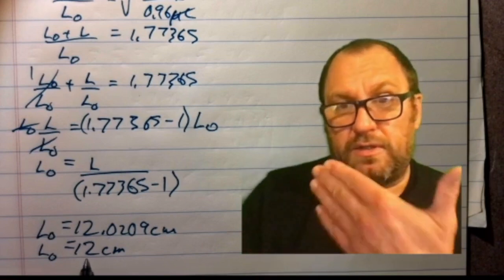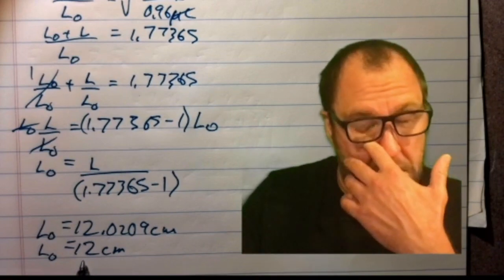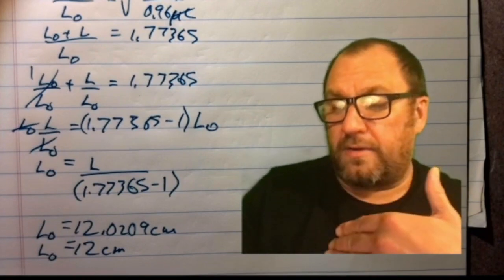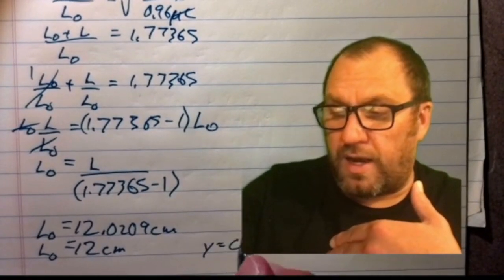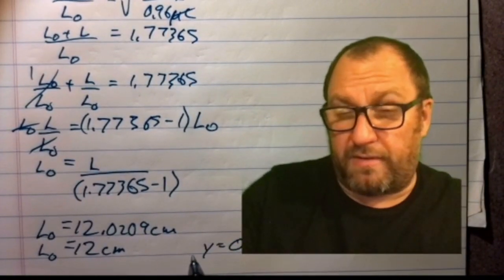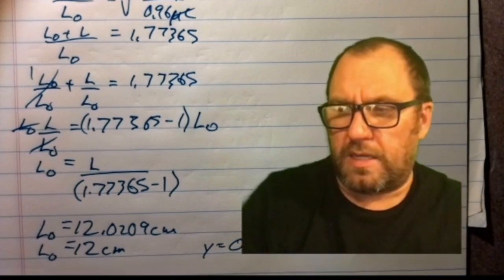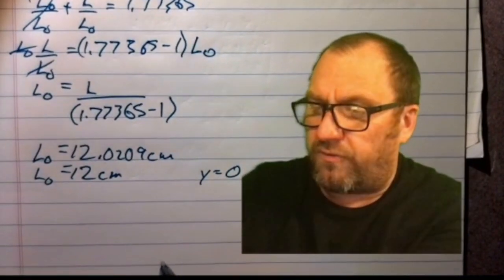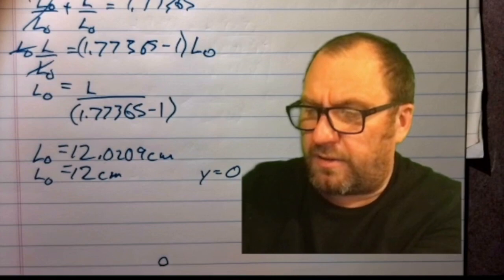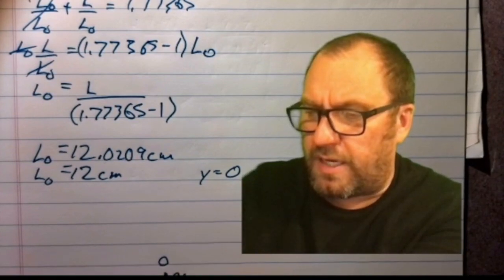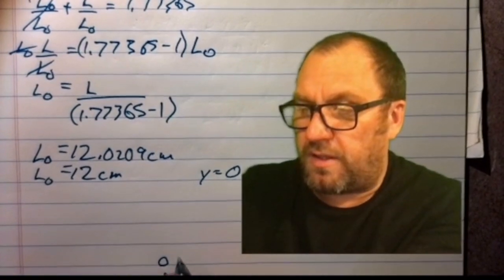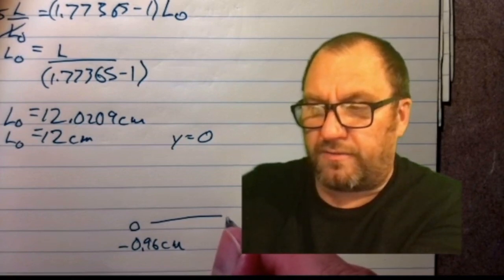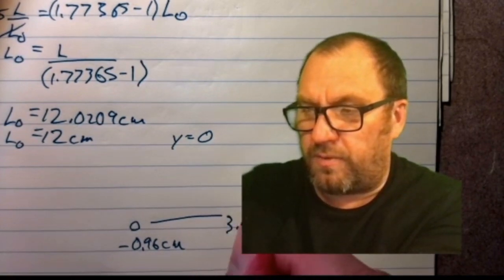Now we have the distance to the charge, and it is on the left side, and y is going to equal 0. So this will be y equals 0, and it's going to be on the left side. So this will be minus 12 centimeters. Let's draw our final picture. Okay, here is our negative charge, 0.96 centimeters. Then over here we have a positive charge of 3.02.